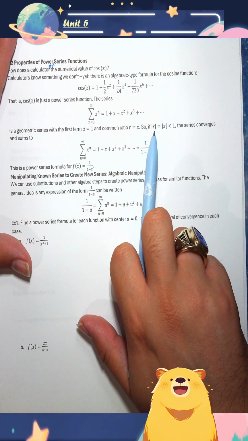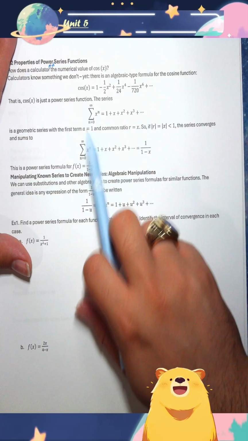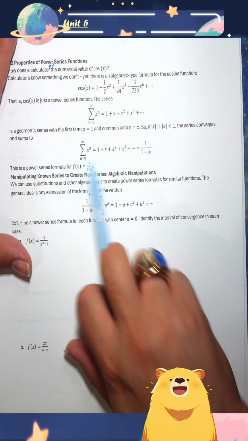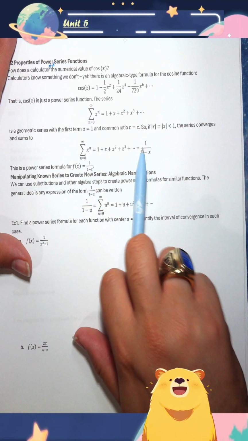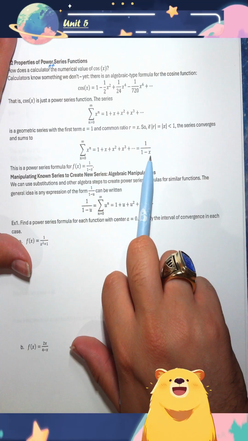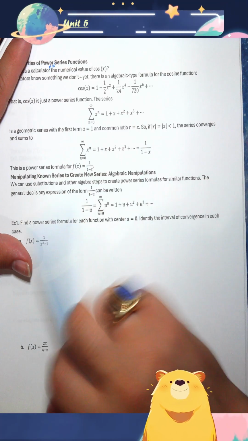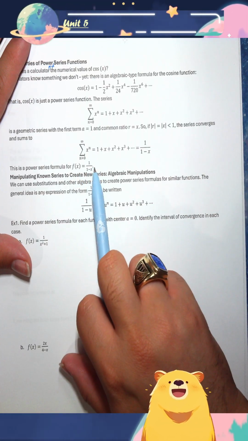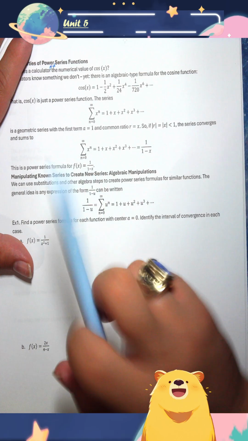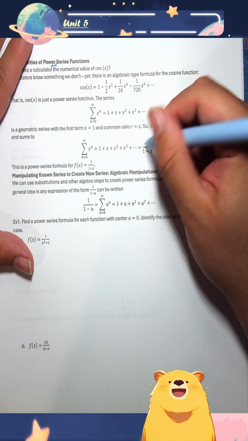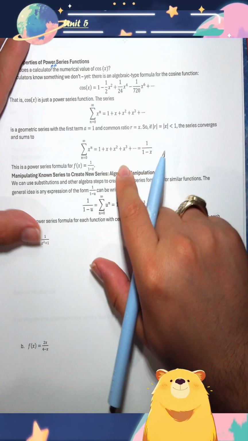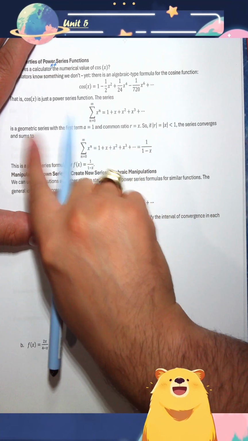If the absolute value of r, which in this case we're labeling as x, is less than 1, the series converges and sums up to 1 over 1 minus x. This is a power series for the formula 1 over 1 minus x. So we have just put together a power series with the geometric series.